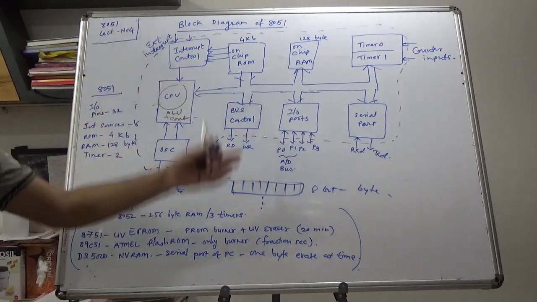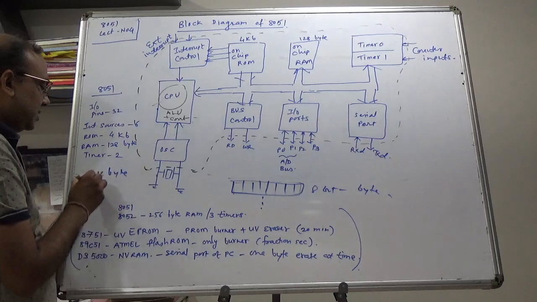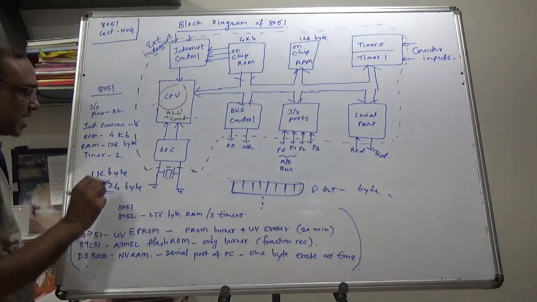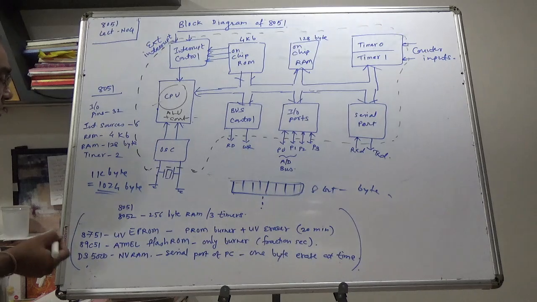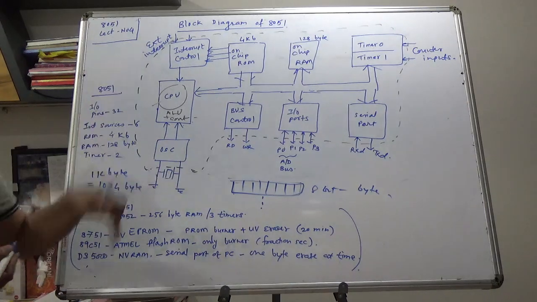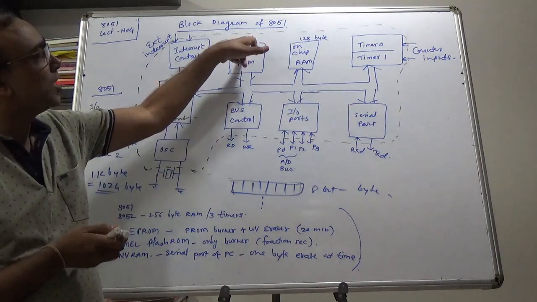Now not exactly 4000, because see, 1 kilobyte is actually 1024 bytes. This is exact. Now 4 kilobyte will be how much then? You have to multiply 1024 by 4, that many locations. But for now, let us assume there are 4000 locations.